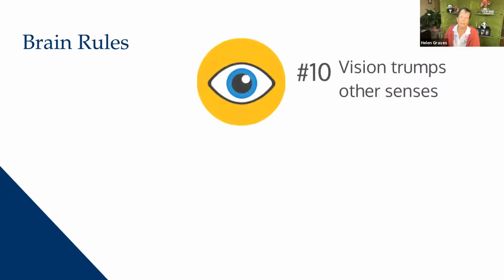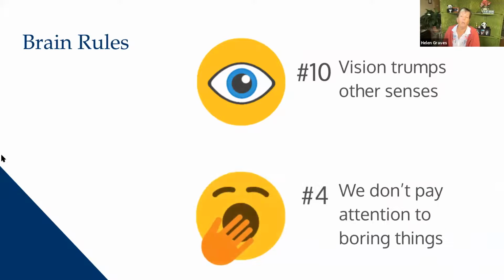Brain rule number 10 is that human beings are very highly visual animals and that vision trumps all of our other senses. And brain rule number 4 is that people don't pay attention to boring things, even if they should. So when you put those 2 principles together, you've got a really great reason to brand your course.